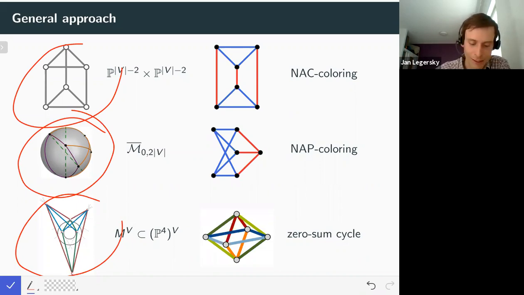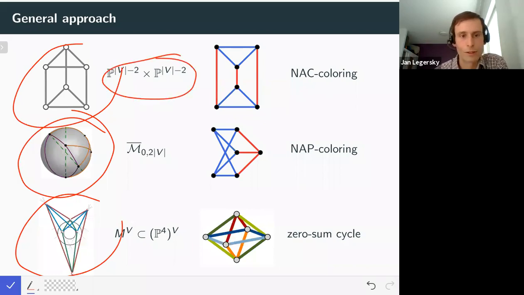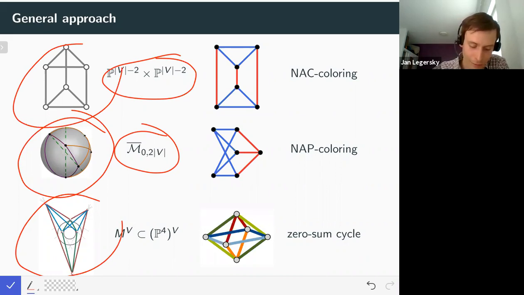So for planar frameworks, one can consider this product of projective spaces. For the sphere, we considered the moduli space of stable curves of genus 0 with n marked points, where n is twice the number of vertices of our graph. And for polyhedra, we consider a Möbius model, which I will describe on the next slide.